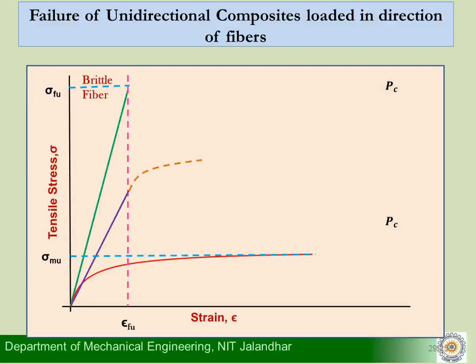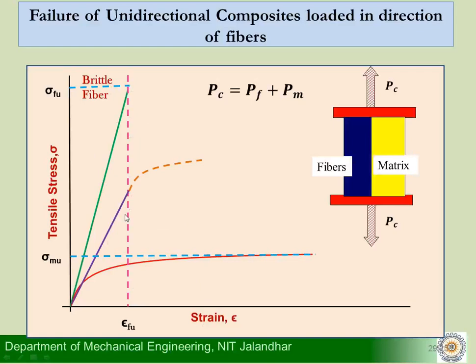So what I see here, the same discussion, I have the same stress strain diagram, and I have the fiber here, the matrix here, and the resulting composite material here. And we are saying here that the total load on the composite is what? PF plus PM. So some of it is taken by the fiber and some of it is taken by the matrix.